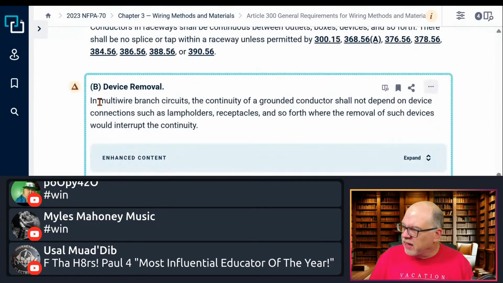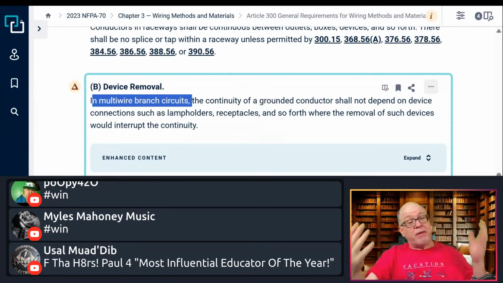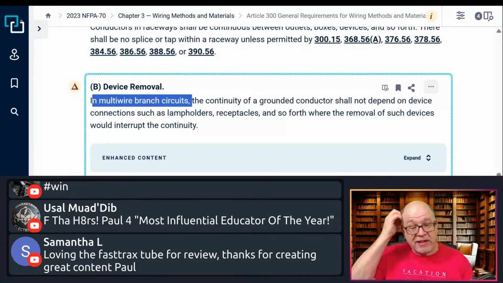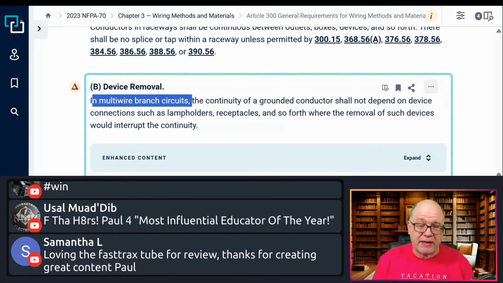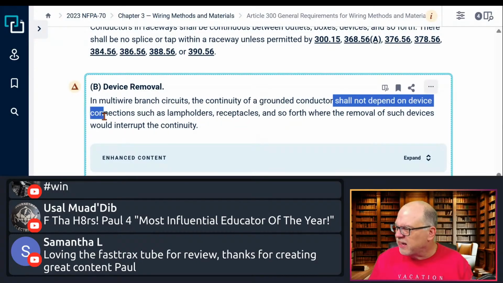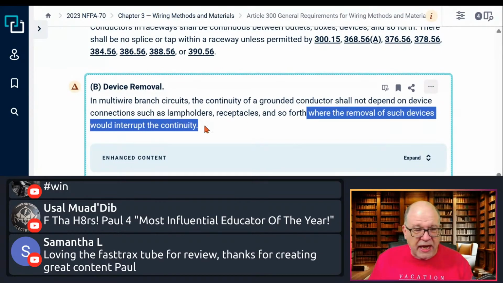It says in a multi-wire branch circuit, which is what we've been talking about today, and this is not just commercial, by the way, this could be applied anywhere, but it's mostly seen in commercial applications where they're utilizing a lot of multi-wire branch circuit applications and they come to devices, the continuity of the grounded conductor shall not depend on the device connections, such as lamp holders, receptacles, and so forth, where the removal of such device would interrupt the continuity.